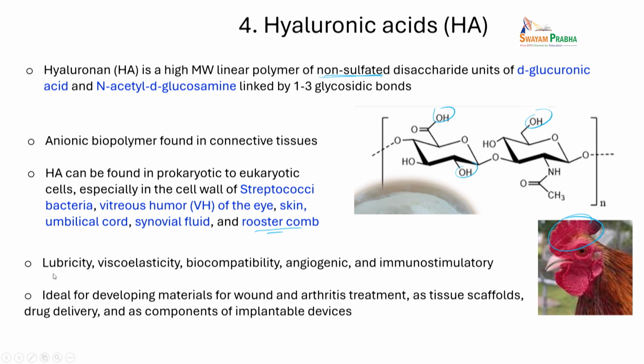It is well known for its lubricity, viscoelasticity, biocompatibility, as well as immunostimulatory responses, so it is highly useful in biomedical applications. It is also used for wound healing, arthritic treatment, tissue scaffolds, drug delivery, and implantable devices. All these things I've covered are predominantly used in the biomedical field.